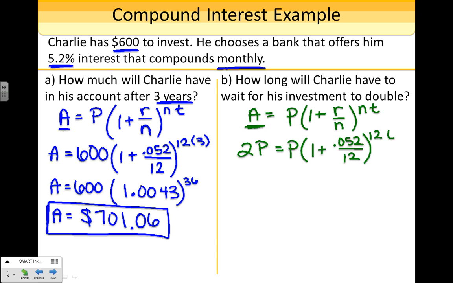But now we want to figure out T. We want to figure out how many years we're looking for it to double. Okay. So solving, order of operations. I have these P's here, but remember, I can divide by P on both sides so that those cancel out.